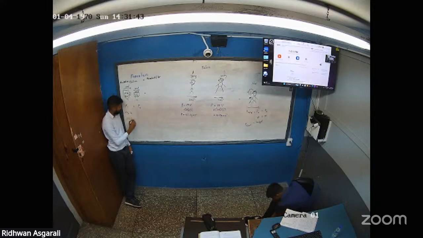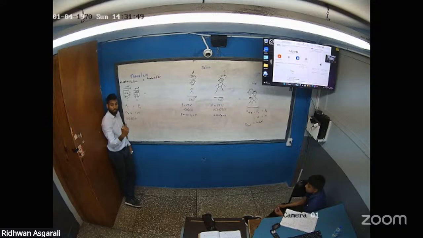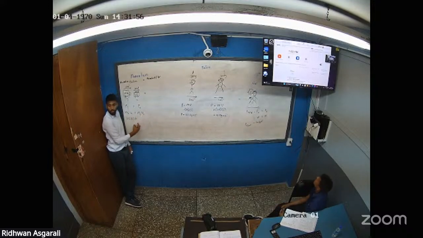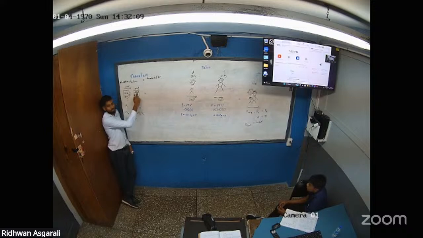Plus, we have the mass of the car by the velocity of the car, right? Kivan, what's the mass of the car? 20, and what's the velocity? 35, yeah?